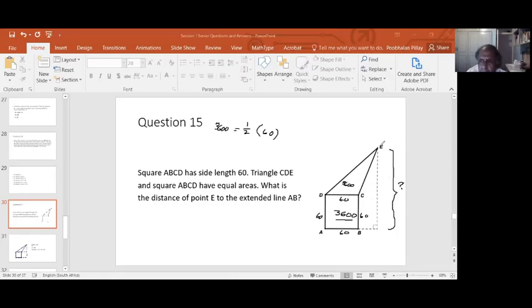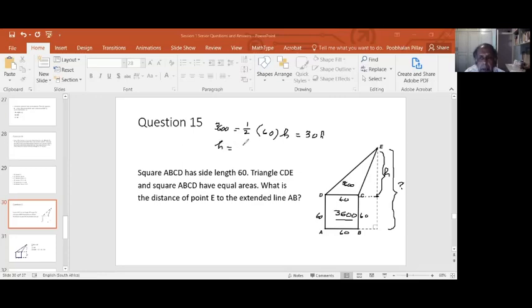Well, if you take the height from E, I have to extend this line here, and this thing here will be the height. Let's give it a name, H. So the area of the triangle is half 60 times H. But now you have a simple equation. Half of 60 is 30 times H.